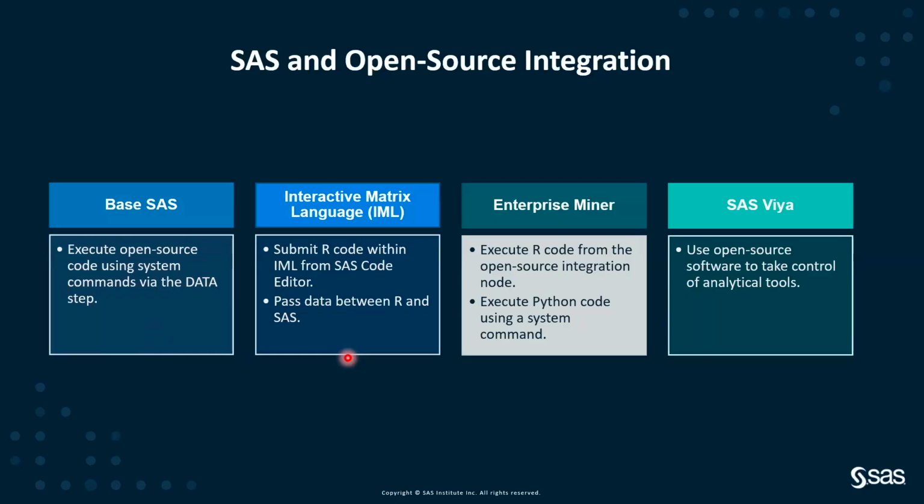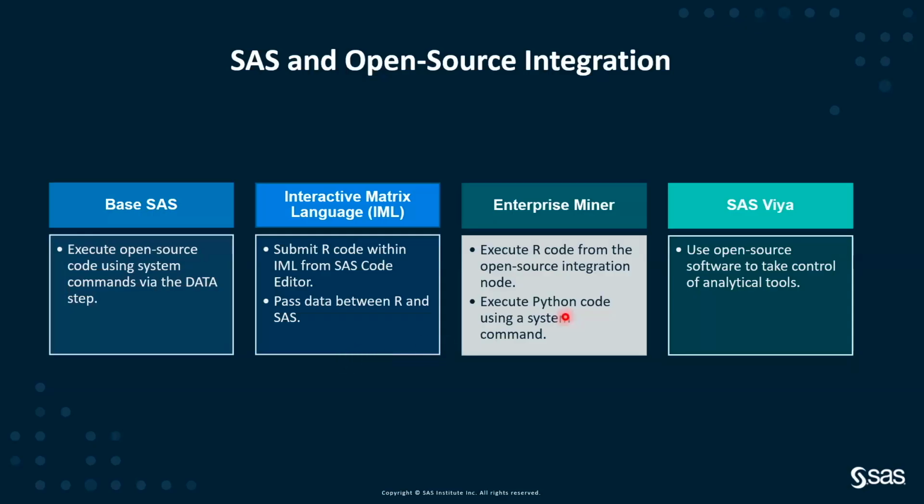So SAS IML products have existed pretty much as long as Base SAS has existed, and that procedure or product also supports SAS code. And from within the SAS code of IML, you could also submit R code as well. So there also, interactions with open source have happened.